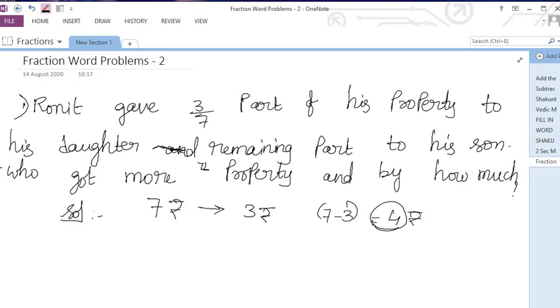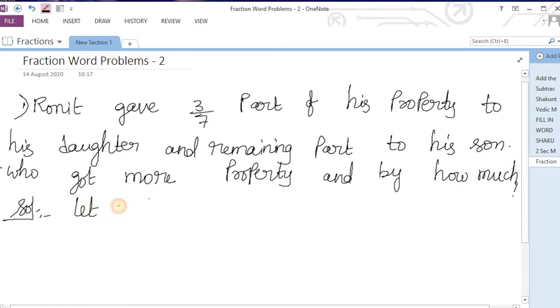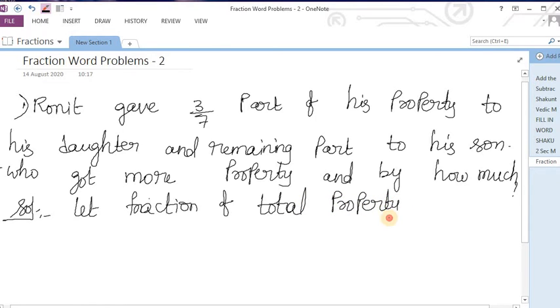So here I am going to consider this in another way. Let us assume the fraction of total property, because we don't know how much property he has and he didn't give it in the question either, so I am considering it as 7/7, nothing but 1.